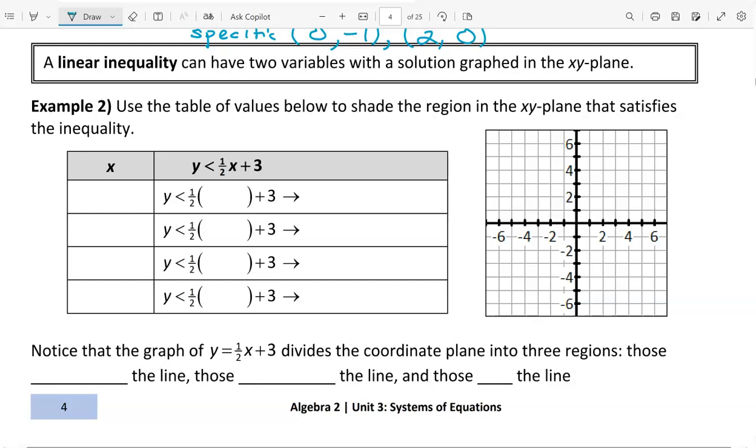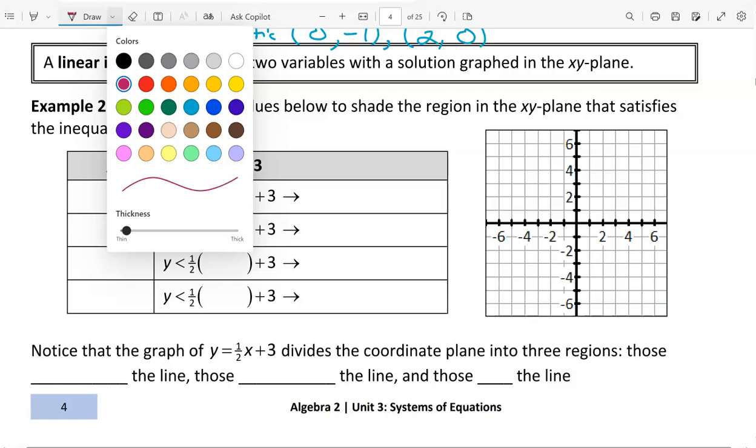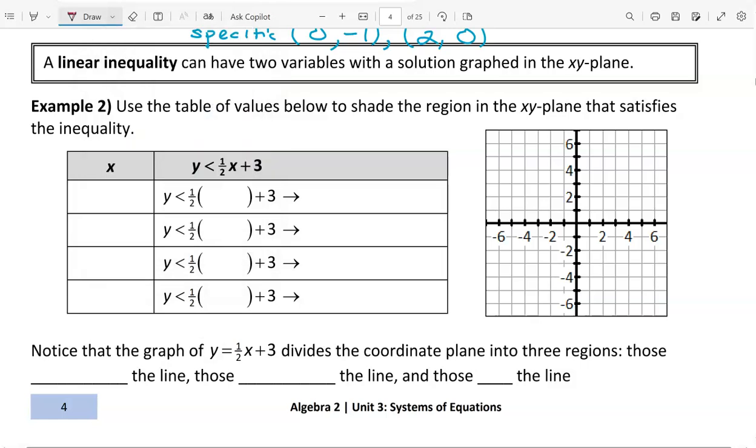So if I use a table of values, and we're graphing the inequality y is less than 1/2 x plus 3, I'm going to use multiples of 2 to substitute for x, since we're multiplying that by 1/2. So I'll use -2, 0, 2, and 4.